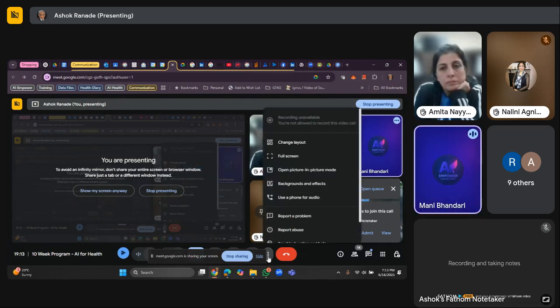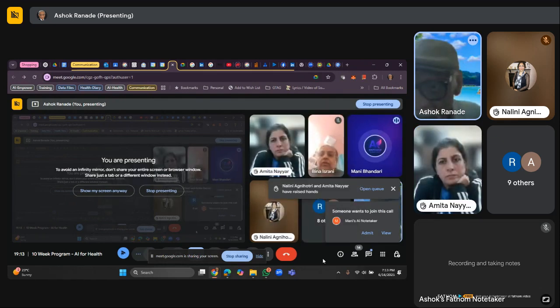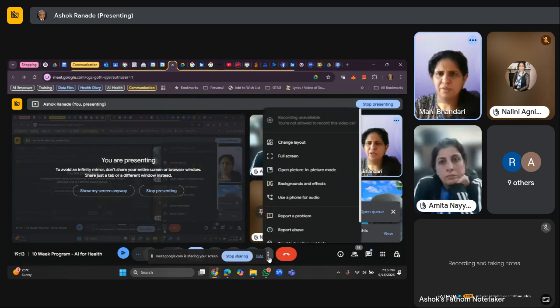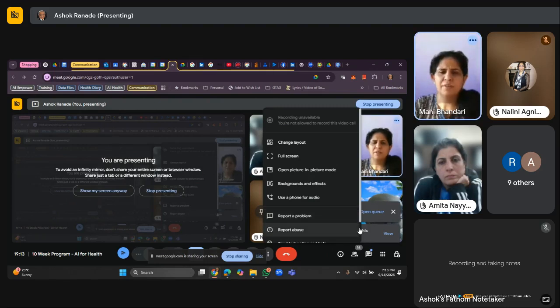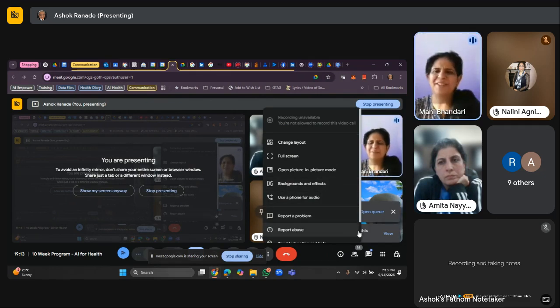How do I change you? There are three dots, as a host you can do it. Change layout, full screen, mute and unmute. Yeah, that's it. Now she has muted herself.